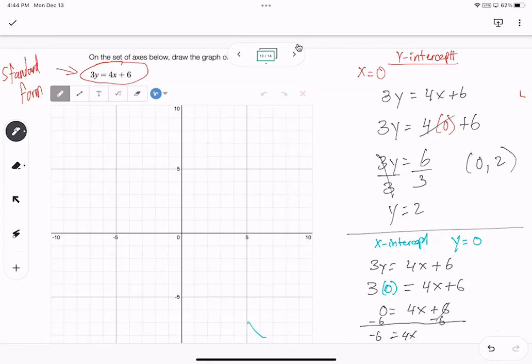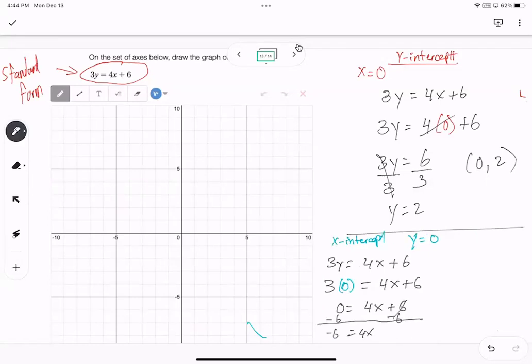I'm going to move this over so we have some more space. And I'm going to bring this up. So I'm going to rewrite this. We have -6 is equal to 4x. We're going to divide both sides by 4 to get x by itself. So we have -6 over 4, that can reduce to -3 over 2.